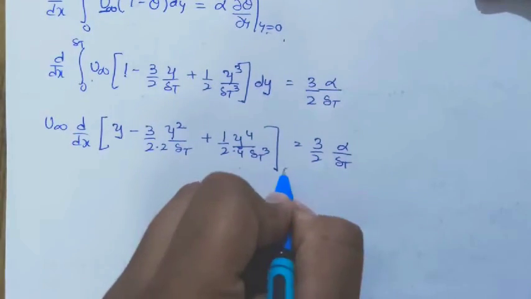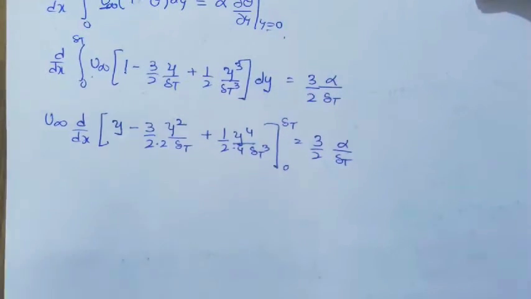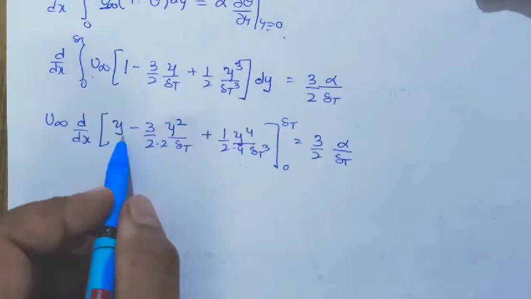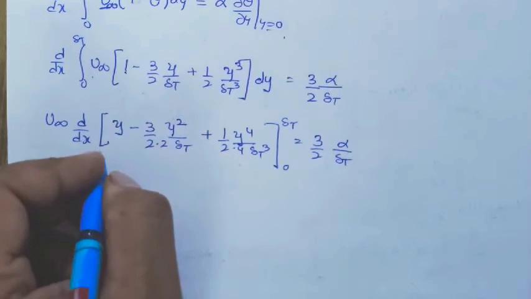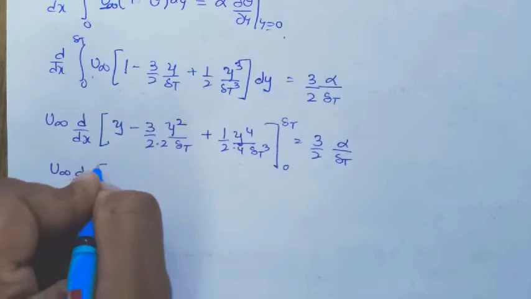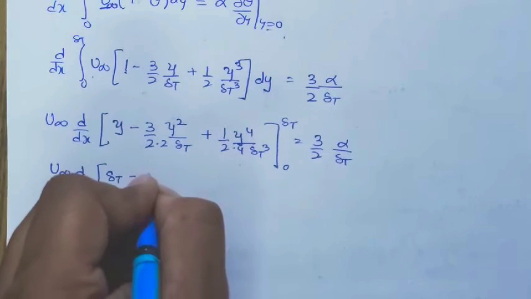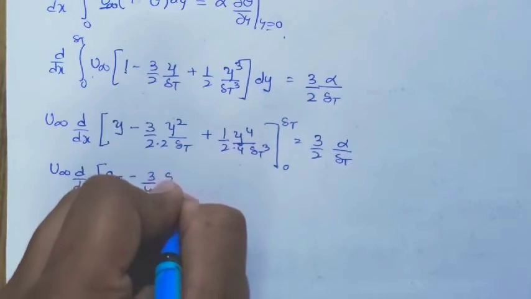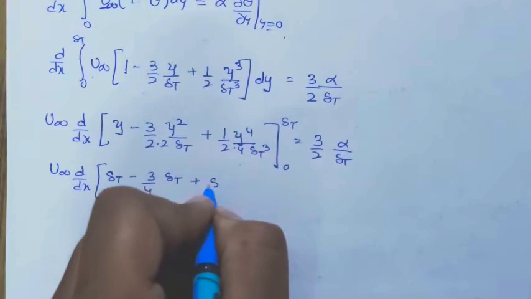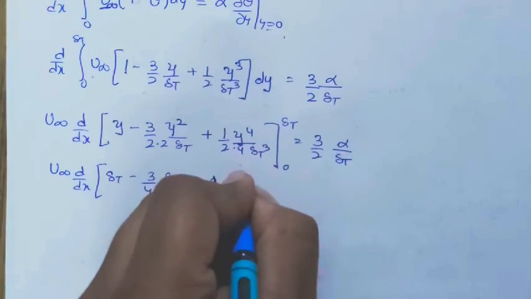So if I put the values in this case, it will be u infinity, I'll get delta t minus 3 by 4 delta t plus 1 by 8 again of delta t, right?